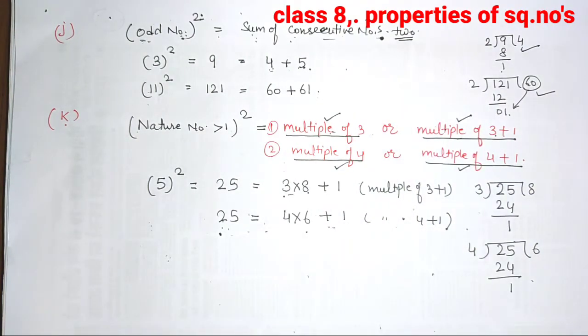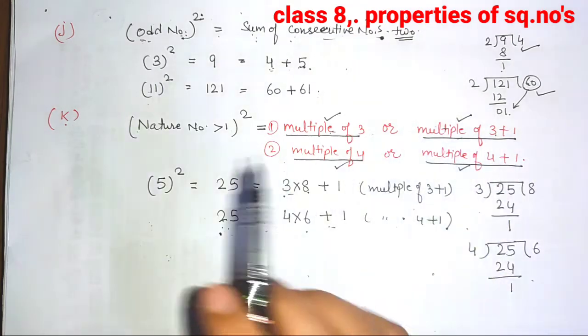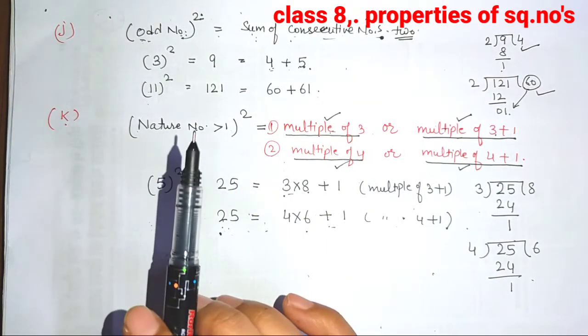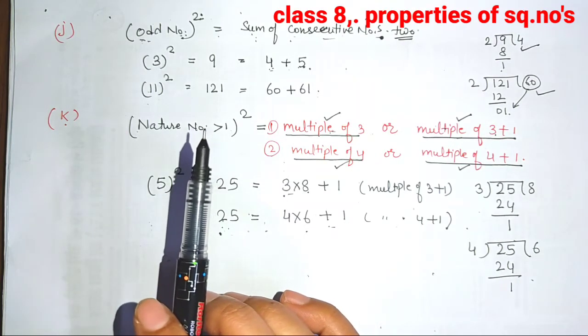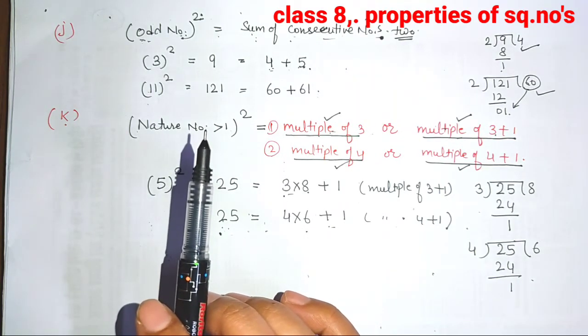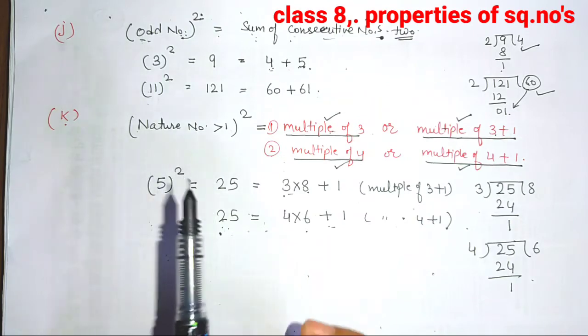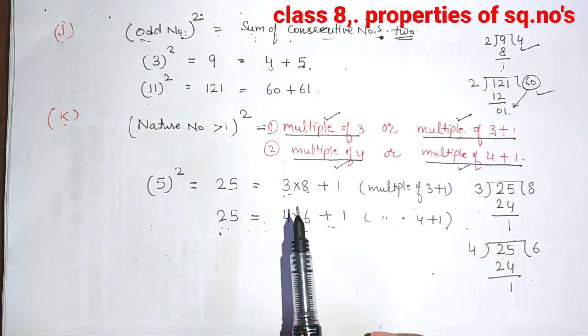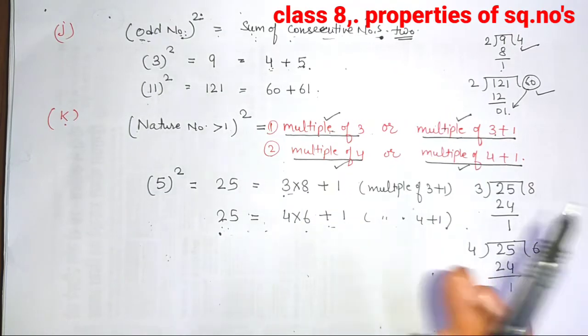It means when you divide the square of any number by 3, you get 0 or 1 as a remainder. Only two options are there. And when you divide it by 4, you will get the remainder 0 or 1 every time.